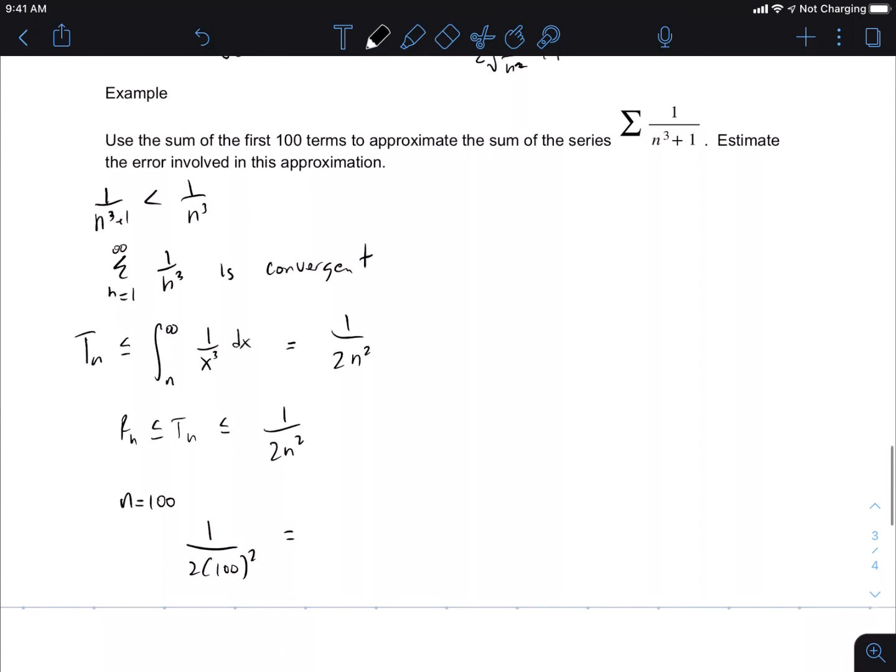So that should give me 0.00005. And that's pretty cool, because this is the error that we're going to have. And so if we want an error for this that's accurate to, let's say, 3 decimal places, we'd want 3 zeros put there, right? And so there's 1, 2, 3 zeros. So this tells me that this is going to be accurate to 3 zeros.